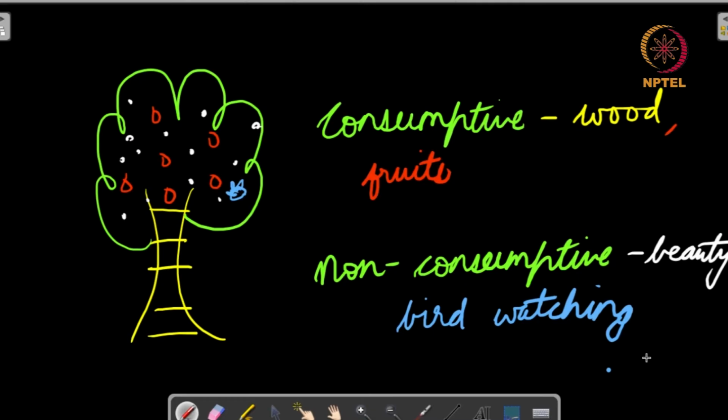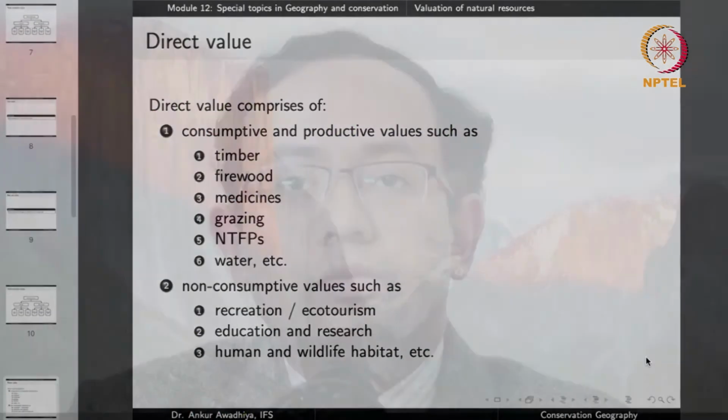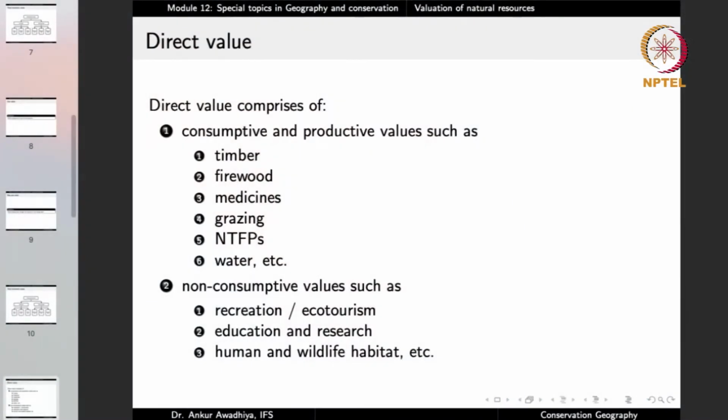In this case again, we are using this tree in a non-consumptive manner, because if you watch a bird on a tree, then it does not reduce the value of the tree for others for doing the bird watching activity. So this is a non-consumptive utilization. Now direct value comprises all the different consumptive values and all the non-consumptive values.